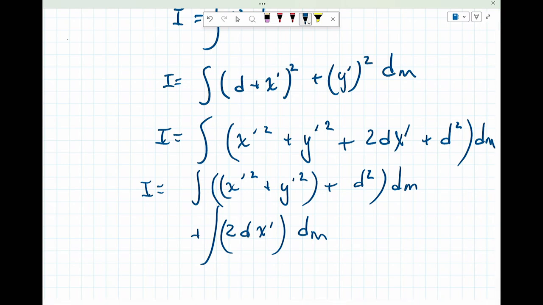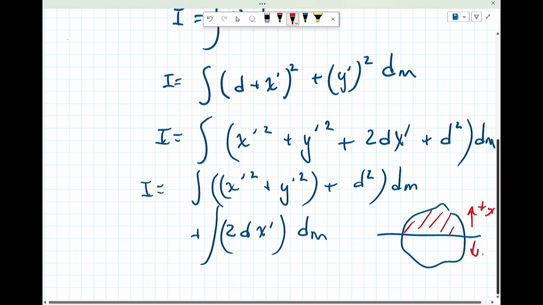Now, with any type of body, if I do it about the plane of symmetry, and that's plus x prime, and this is negative x prime, I will have equal and opposite areas.